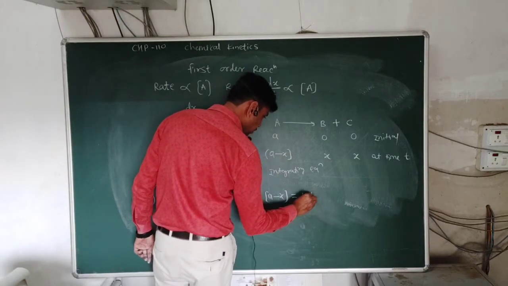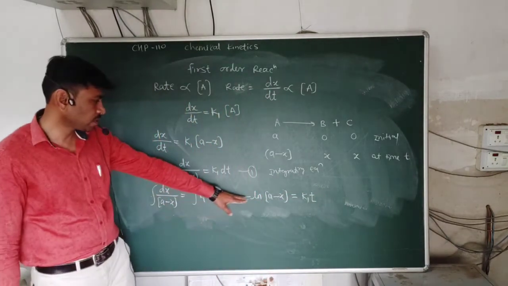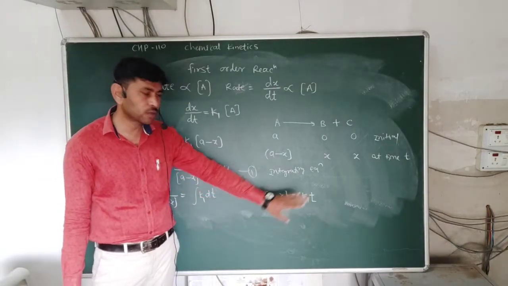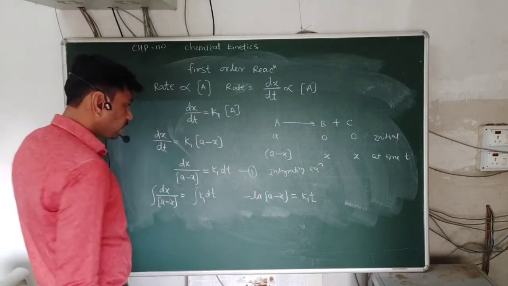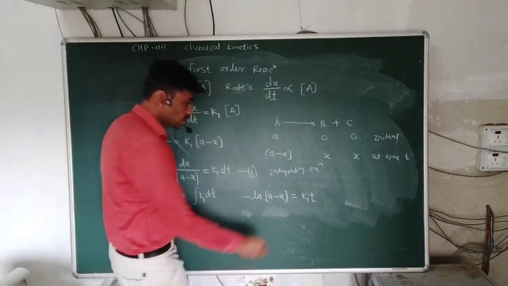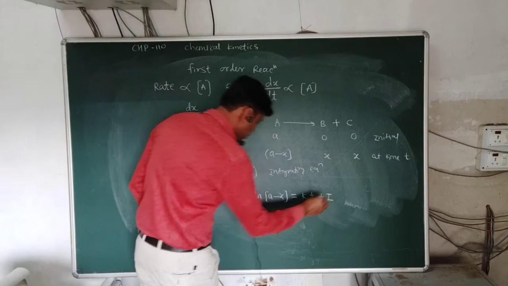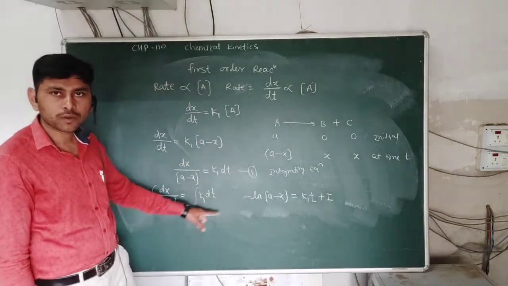The integration of dt is t. So we obtain minus ln (A minus x) equal to K1 t plus I, where I is the constant of integration, since we have taken the integration.